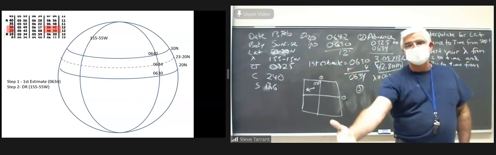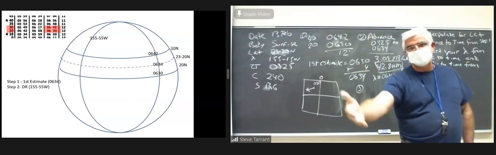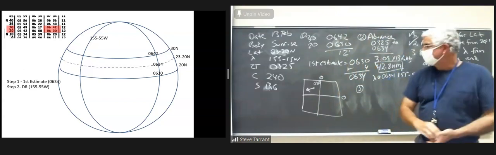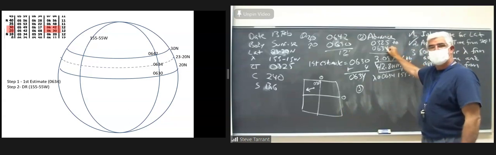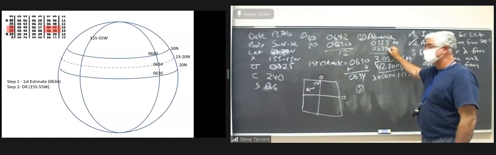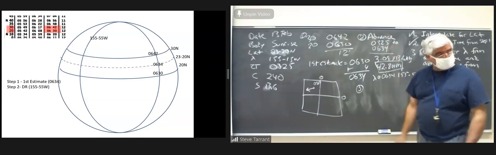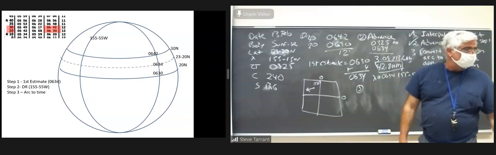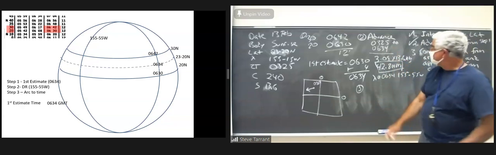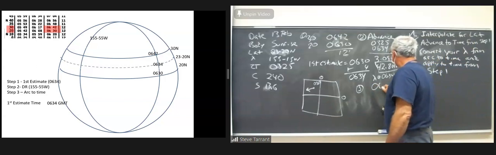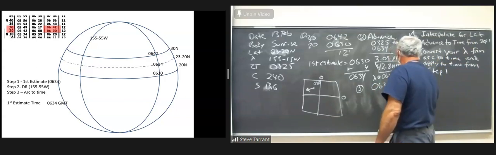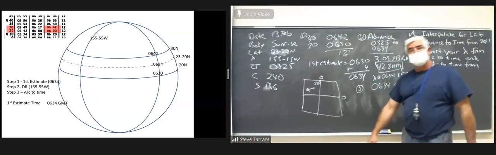I'm going to pretend that I was at Greenwich. This 0634 is any central meridian, including the Greenwich meridian. So what I'm going to do is take that and say it's 0634 in GMT.